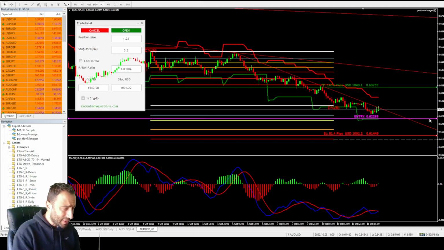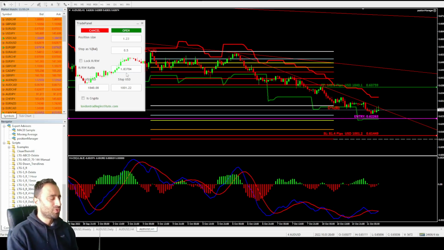Now, that setup with that entry at 0.5% gives me a reward to risk of 1.83, which is not bad at all, considering I've given this quite a lot of room. That basically means for every $100 you risk, you're going to make $183.